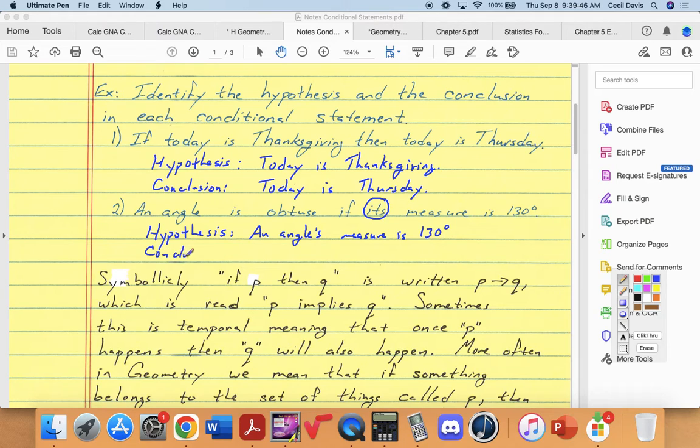The conclusion is the angle is obtuse. So when you're writing the hypothesis and the conclusion, you don't want to have any pronouns in there. You'd like to replace it with the noun that it stands for.